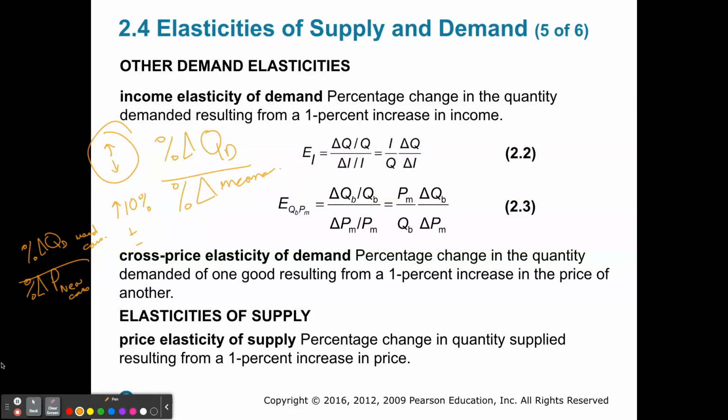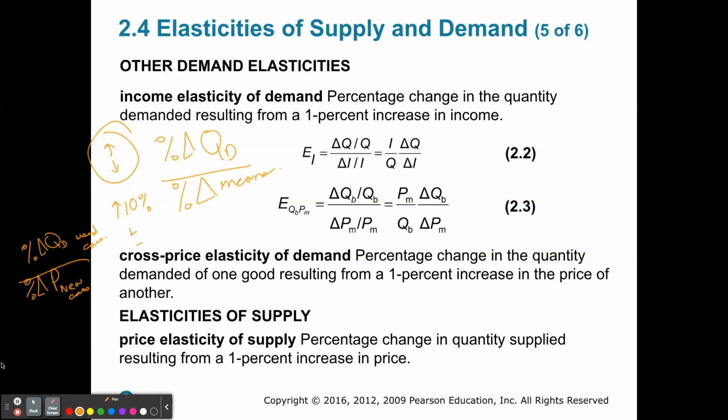What we would find is that it would tell us whether the goods are substitutes or complements to each other. In this case, new cars and used cars are substitutes for one another, right? You could get to work in a new car or a used car. But what matters is how strongly they are substitutes for one another, right?